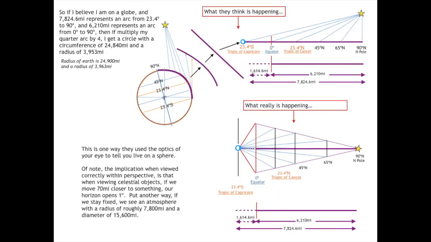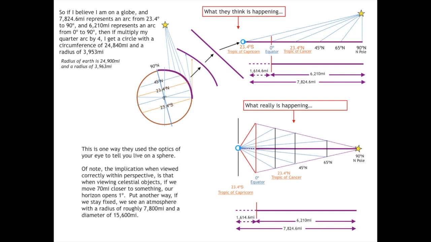So if I believe I'm on a globe and 7,824.6 miles represents an arc length from 23.4 degrees to 90 degrees, and 6,210 represents an arc from 0 to 90, then if I multiply my quarter arc of 0 to 90 by 4, I get a circle with a circumference of 24,840 miles and a radius of 3,953 miles. Keep in mind the circumference of Earth is 24,900 miles and a radius of 3,963 miles.